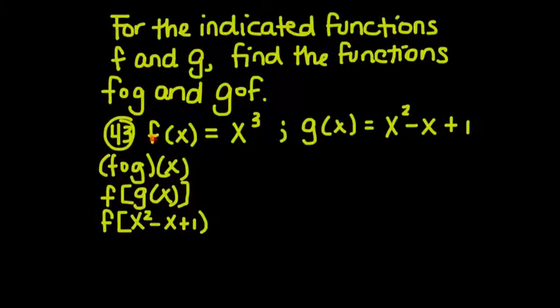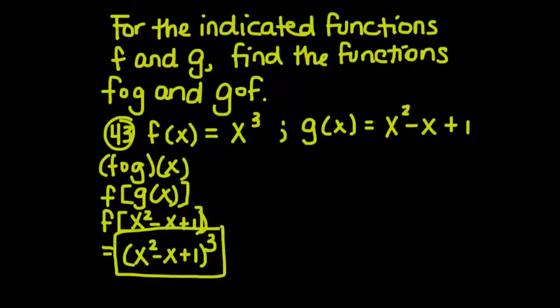So I will go back to the function f, and wherever I see an x, I'll replace it with this quantity. I guess I could have closed those brackets there. Because I'm cubing the x, this becomes x squared minus x plus 1 quantity cubed. You don't actually have to cube that. You can leave it as the quantity cubed.